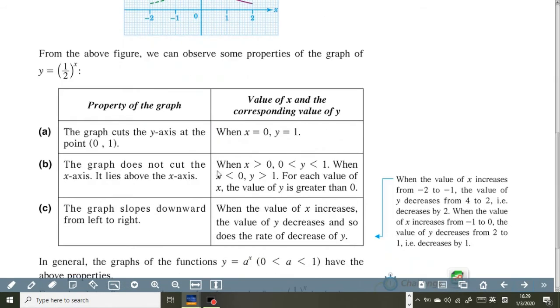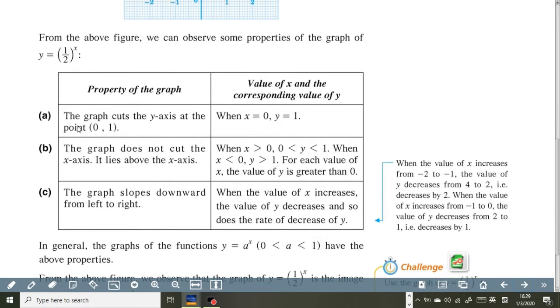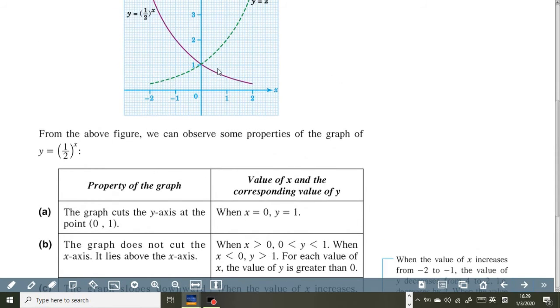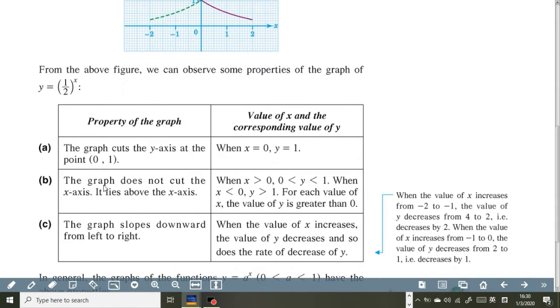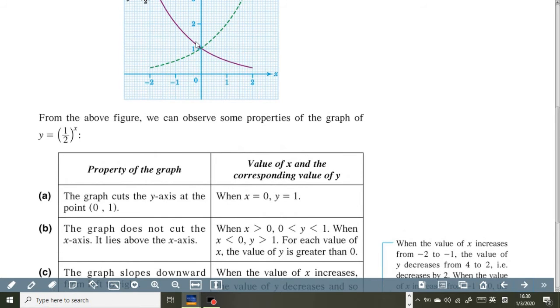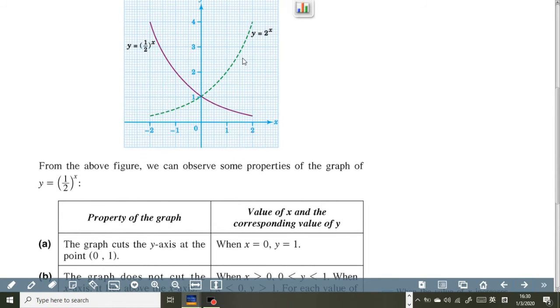So we have the properties. This one also passes through the point (0, 1). So no matter what the base is, greater than 1 or between 0 and 1, it still passes through the point (0, 1). And the graph is also above the x-axis, because when you reflect this graph, you still have the graph over the x-axis.